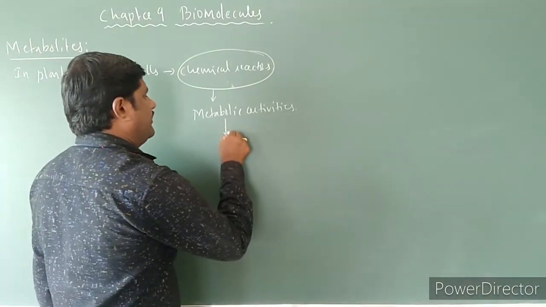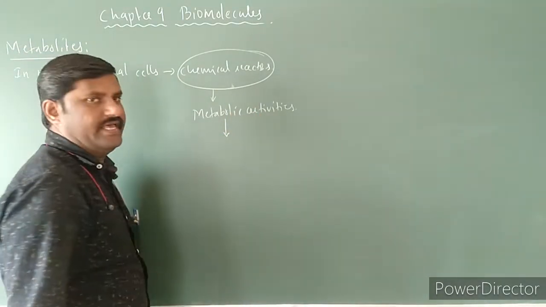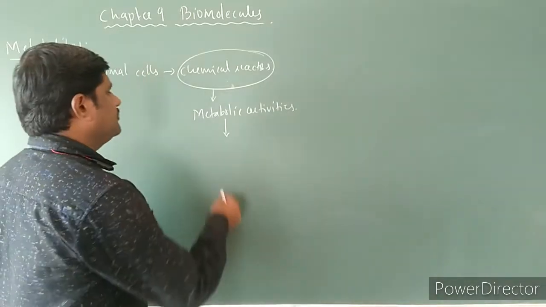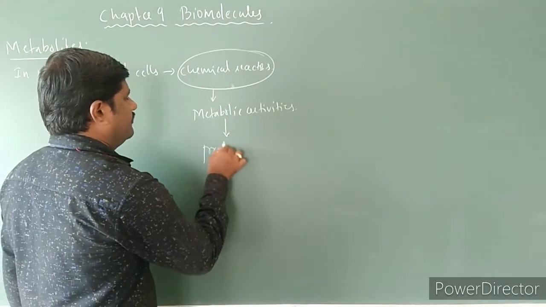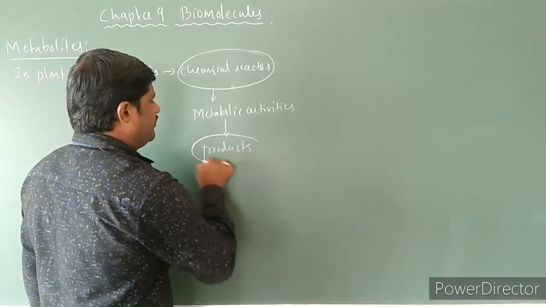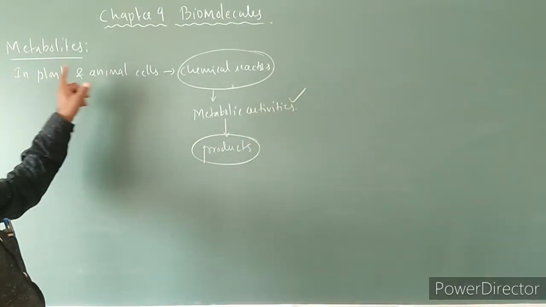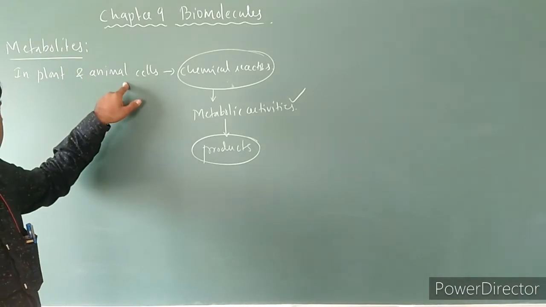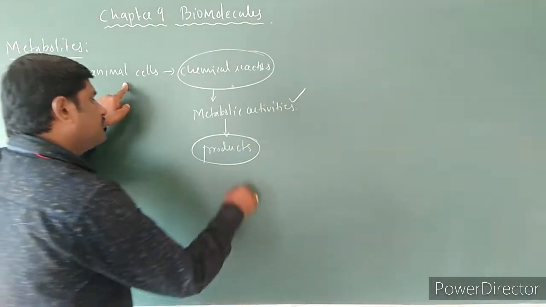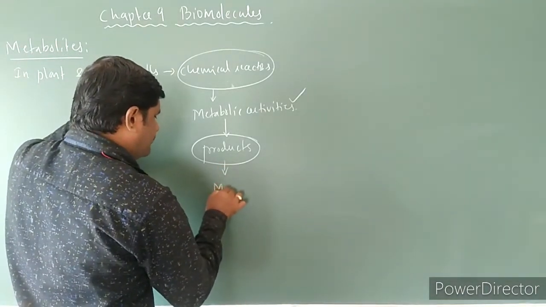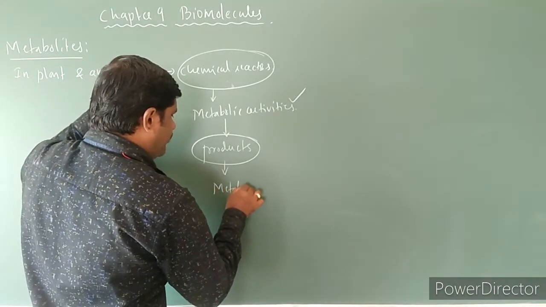These metabolic activities take place, as a result of which many products are produced, both in plant as well as animal cells. And these products are known as metabolites.